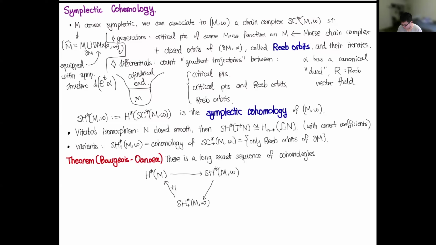And well, you can write out the definition as: you need a vector field R to have unit length along the contact structure, and R is dual.